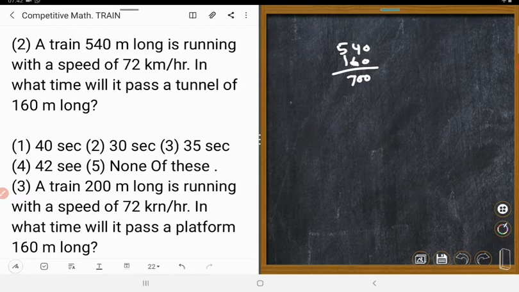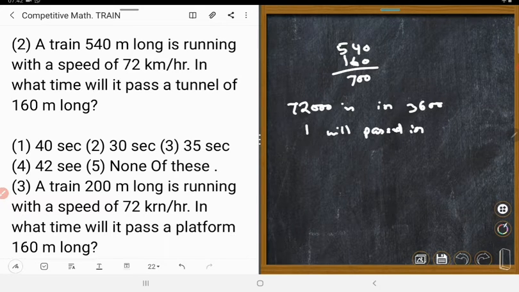That means 72 kilometer, that is 72,000 meter, is passed in 1 hour. 1 hour means how many seconds? 3,600 seconds. 1 meter will be passed in 3,600 seconds upon 72,000 meter.